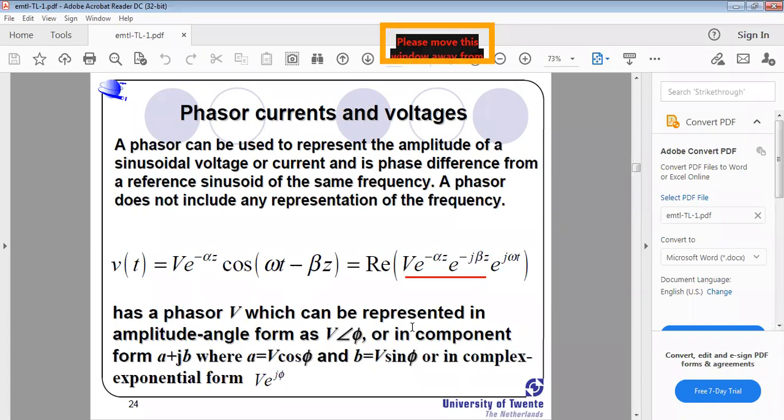Similarly, here instead of theta they consider omega t minus beta z, and the expression is represented like this, and among that they consider only the real part, instead of the imaginary part. That's why real part equal to V into e power minus alpha z into e power minus j beta z, right? And that is cos of omega t minus beta z.